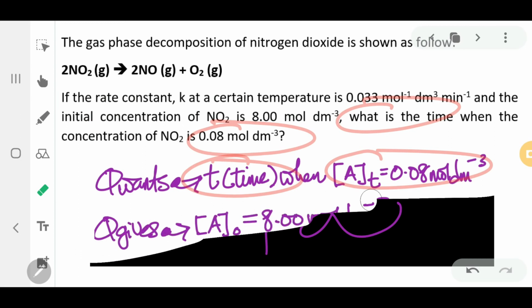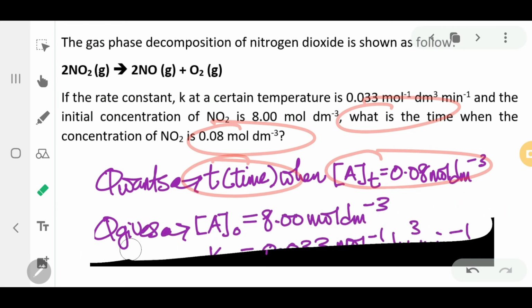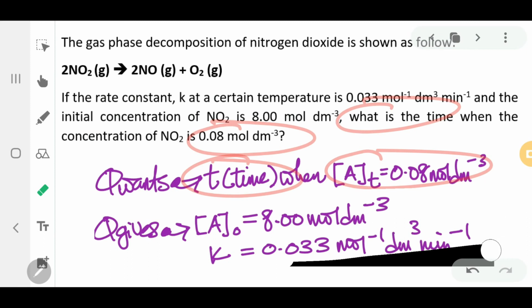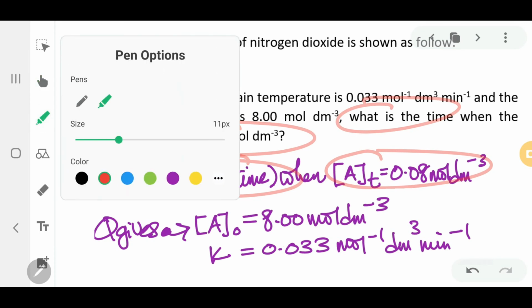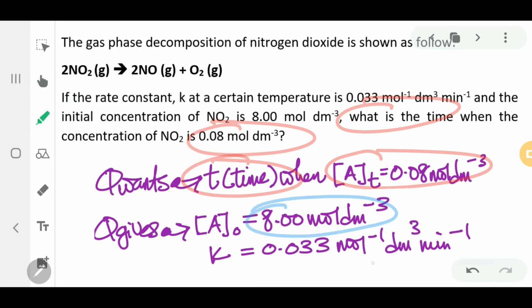And the question gives the initial concentration and also the rate constant. You have the initial concentration, and the value of K right there, which is 0.033.